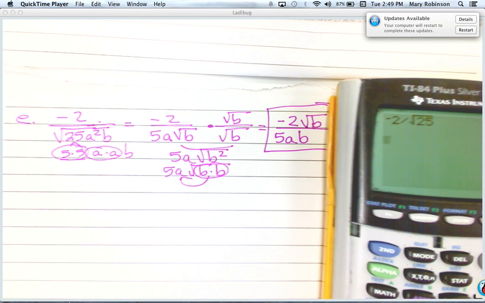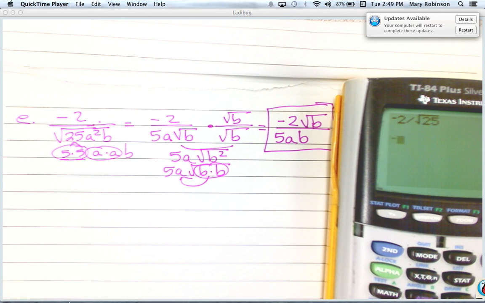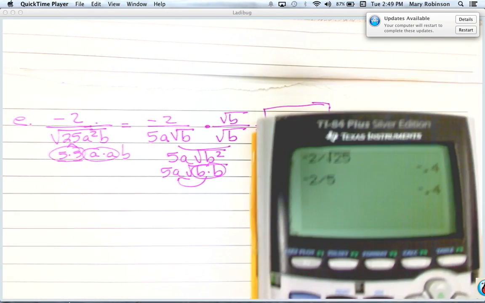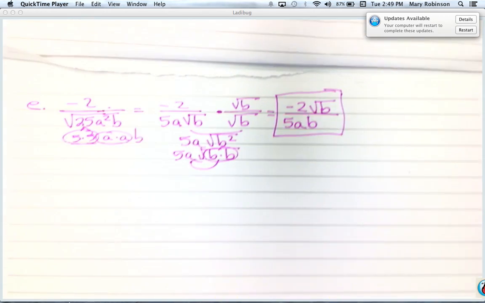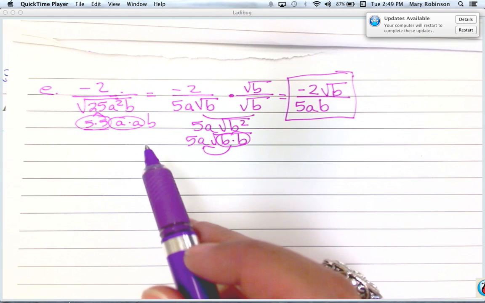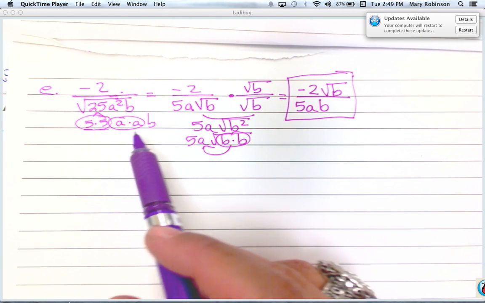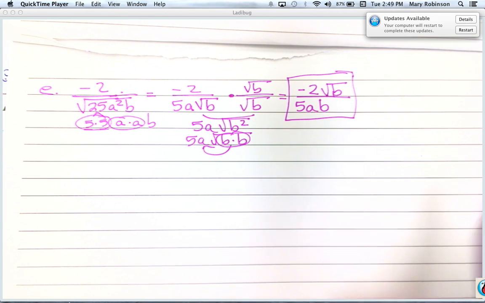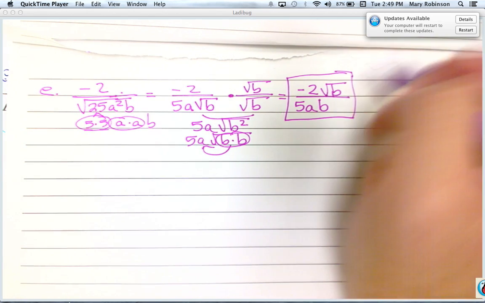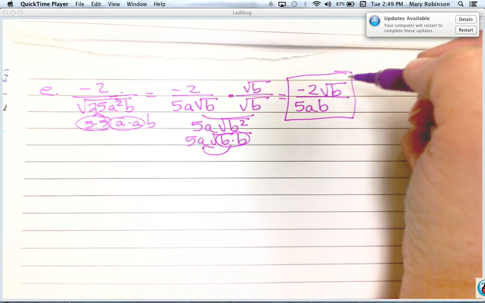And if I just type in my number part here, -2 divided by 5 rather, is -0.4. So those match up. So the number part at least is equivalent. Just make sure, I would recommend to simplify first. Then you only have to rationalize with a small amount and not have to reduce. Be careful though, the B does not cancel with the B in the radical.